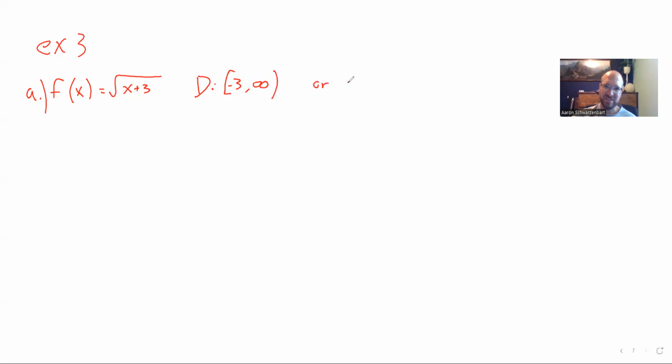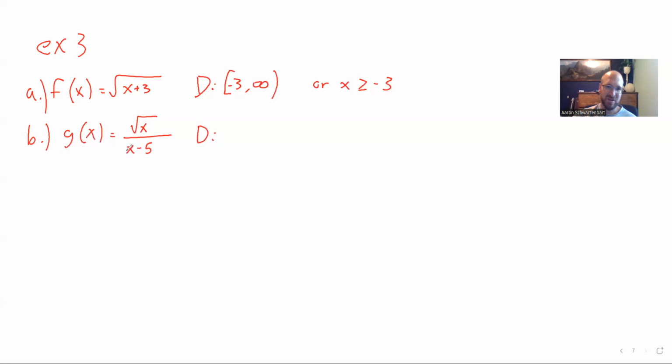I could also write that as x is greater than or equal to -3. We like to write domains in Precalc in interval notation. It's pretty quick and easy. Here I've got a square root. Well, I know it's got to be 0 or larger.